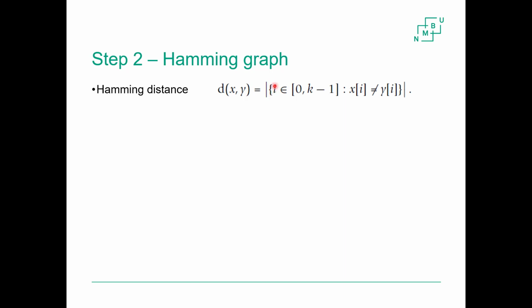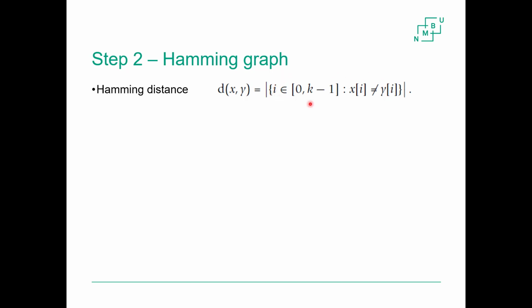And here we have the set of i inside this range, from 0 up to k minus 1. So for all i inside this range from 0 up to k minus 1, we select those such that element number i in the first k-mer is different from element number i in the second k-mer.